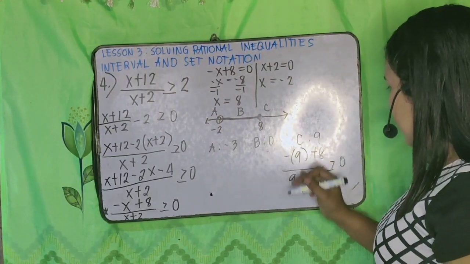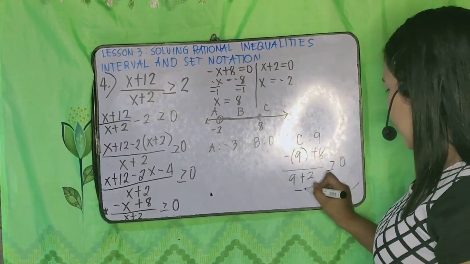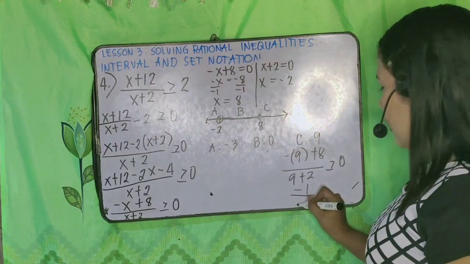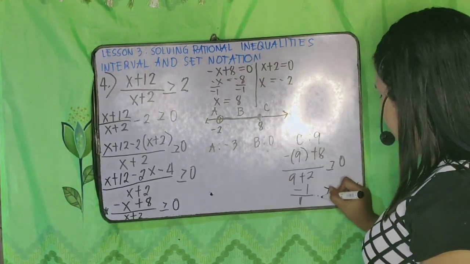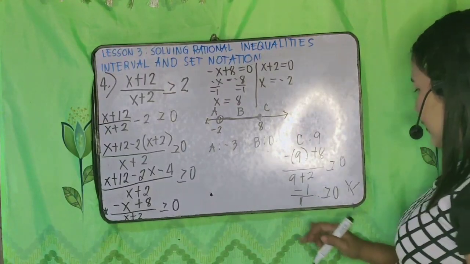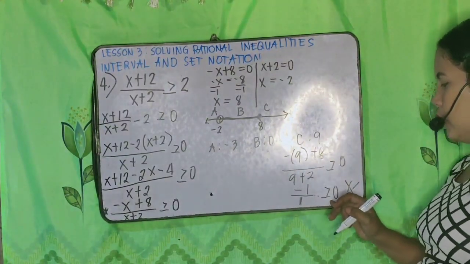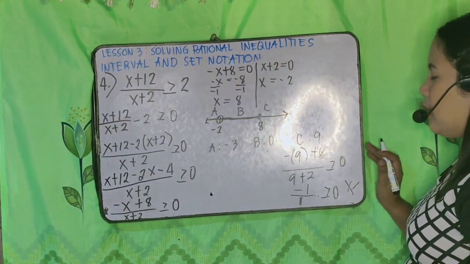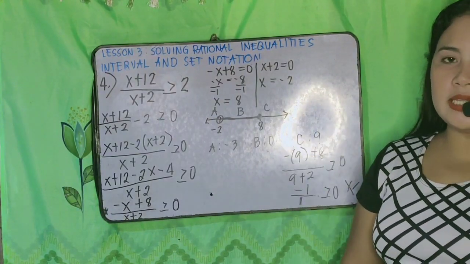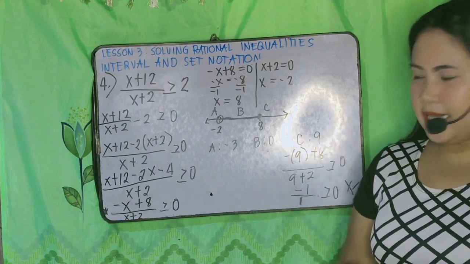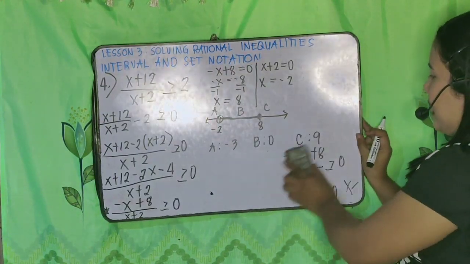So, ayan. So, negative 1 over 11, greater than or equal to 0. So, wrong siya. Okay? Kasi hindi naman siya greater than 0. So, meaning po, kasama lang sa kukunin natin na solution set is yung sa second interval.